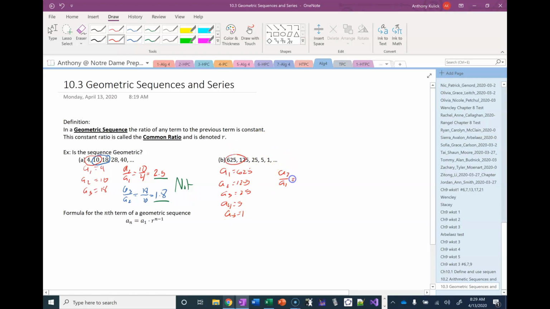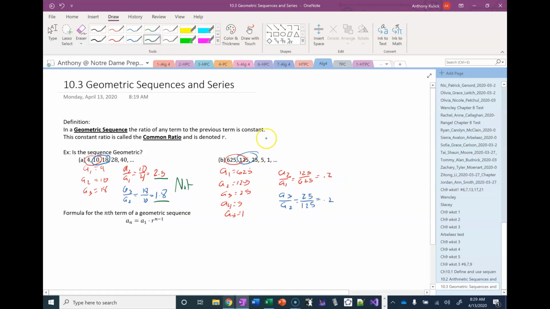A2 over A1, so that's 125 over 625, which is equal to 0.2. Then we'll do A3 over A2. That's the next two. So that's 25 over 125, which is also 0.2.